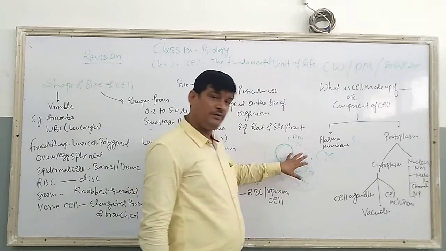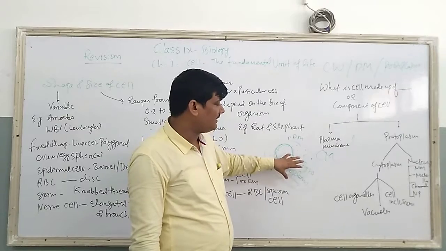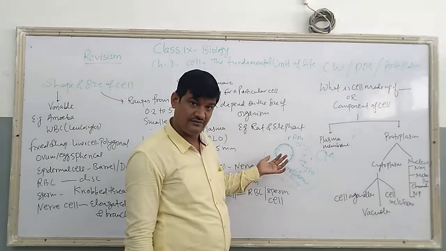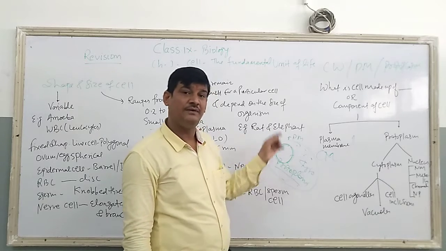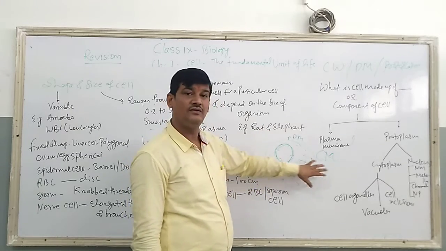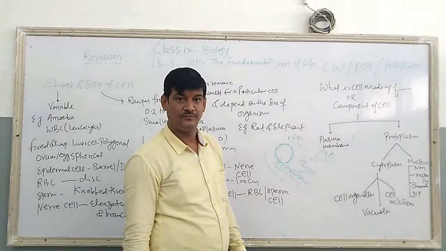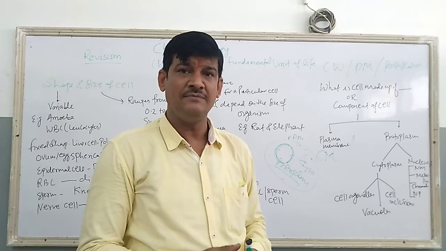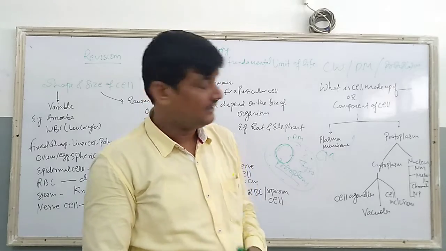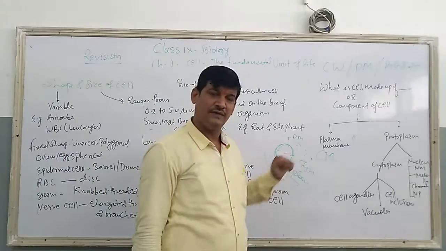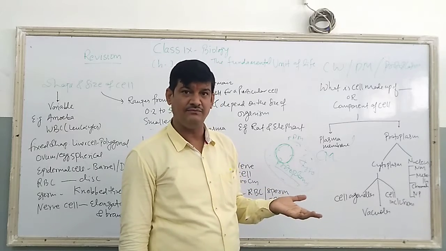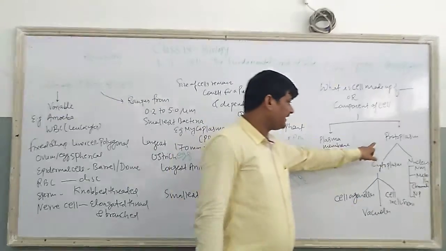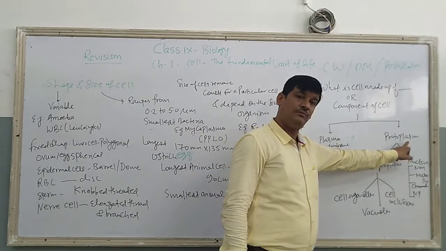It means it provides the platform for the cell organelles, vacuoles and cell inclusions. So cytoplasm plus nucleus is known as protoplasm. Protoplasm is essential for the survival of the plant cell or animal cell. If the protoplasm is removed from the cell, the existence of the cell will be no longer. The cell will die.